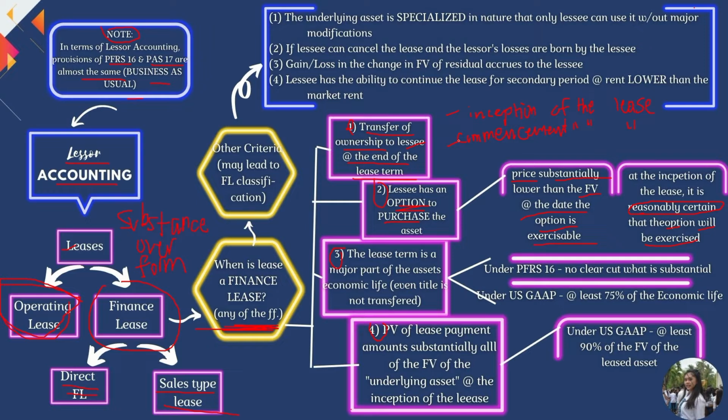Nganong dili man at the inception? Well, because, as what I stated earlier, at the commencement, the lessor already transfers a right to the lessee for him to use the underlying asset. Mao bitaw nga nag-recognize siya adto og right of use asset, di ba?